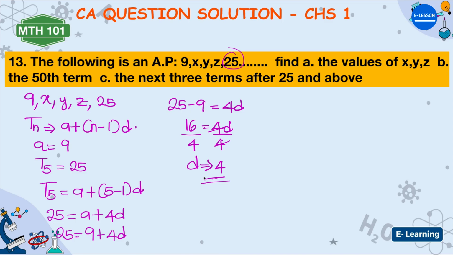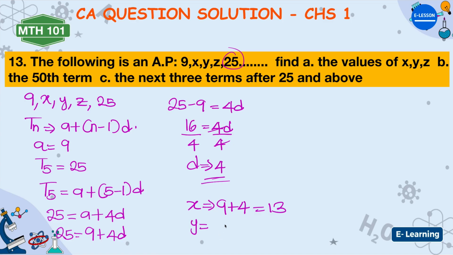Now, if the common difference is 4, what's the value of X? Of course, X will now be equals to 9 plus 4, which is equals to 13. Then Y, because of consecutive terms, you just have to start adding 4 to it, because that is the difference between all of them.